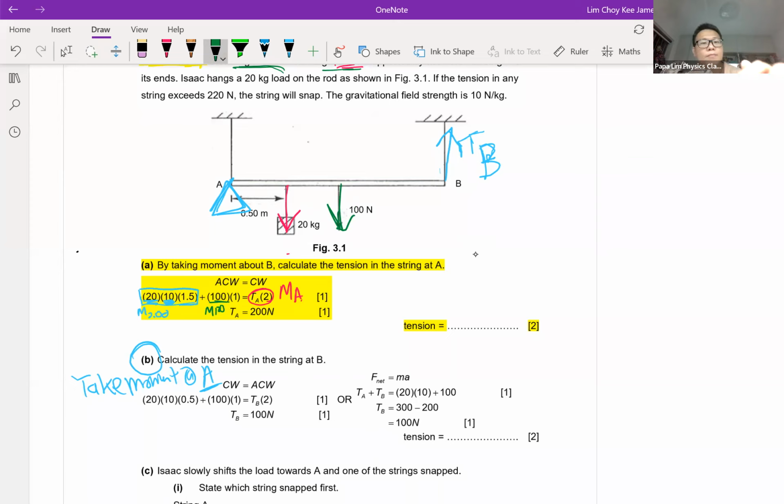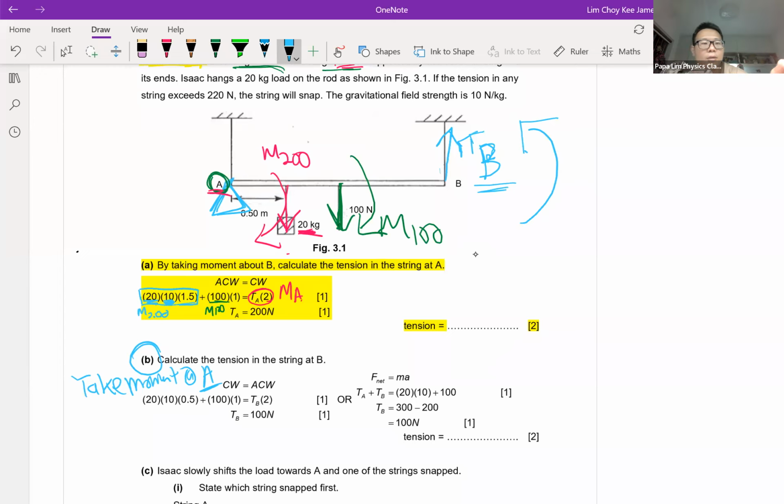For example, 100 Newton now with respect to pivot A. Okay, mistake, let me rewind a bit.